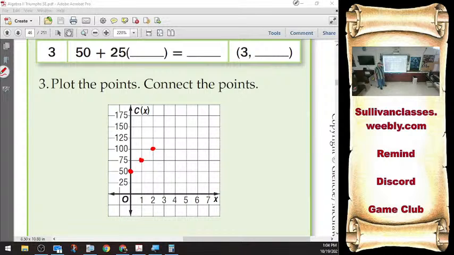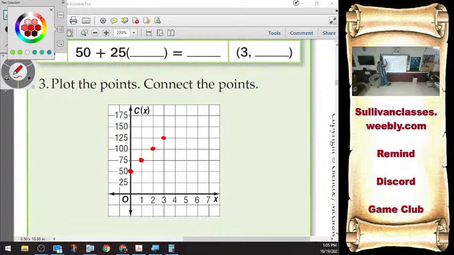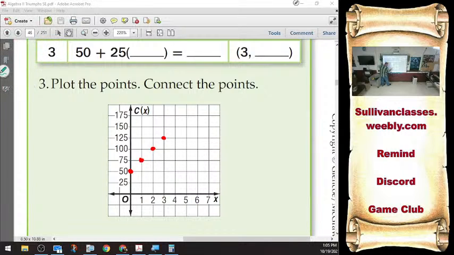Fill the other one in. 3 what? You got a straight edge? Connect the dots. Connect the dots and it'll show you the trend of this line. It's going to show you where it's going. It's going to take off into the wild blue yonder. Like that. Yes, sir.